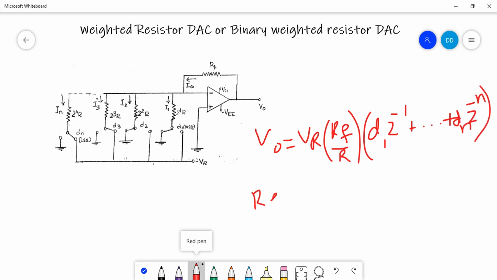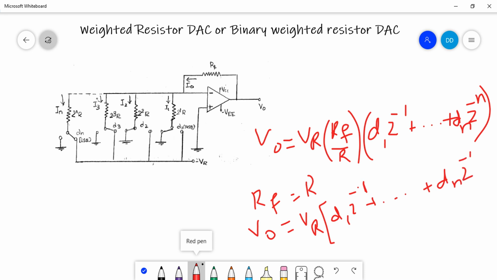If we take RF equal to R, we get V0 is equal to VR times D1 2 to the power minus 1 up to Dn 2 to the power minus n.